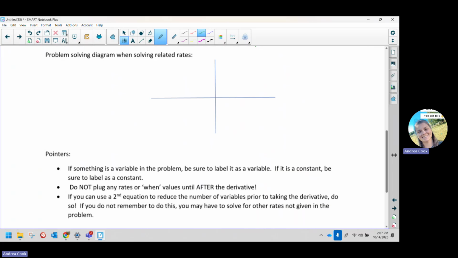What we like to do is make a plus sign and draw a picture in this corner. Down here, we list the rates and what I'm going to call when values.